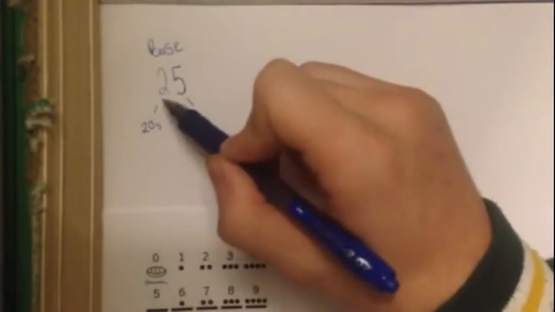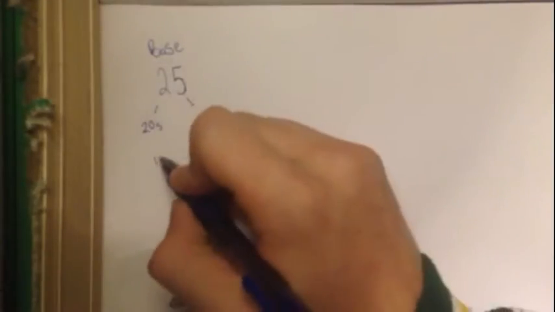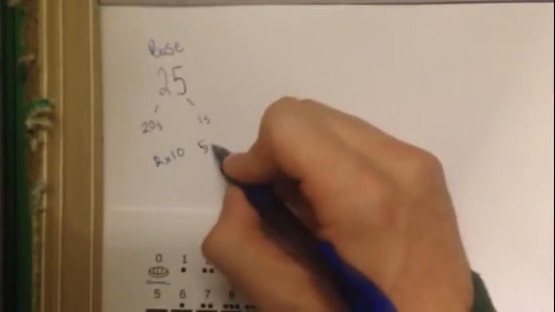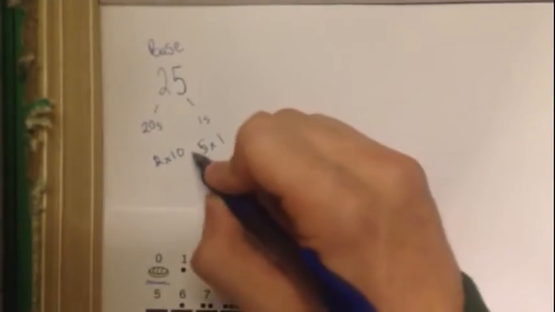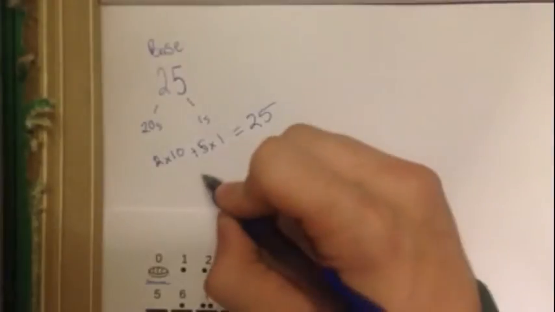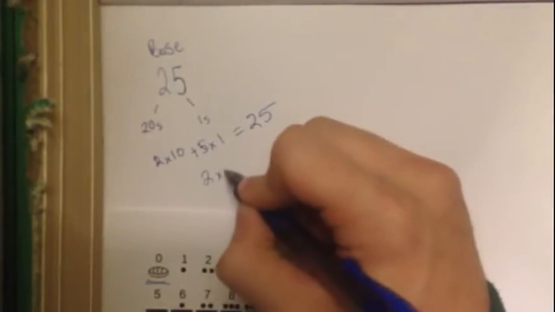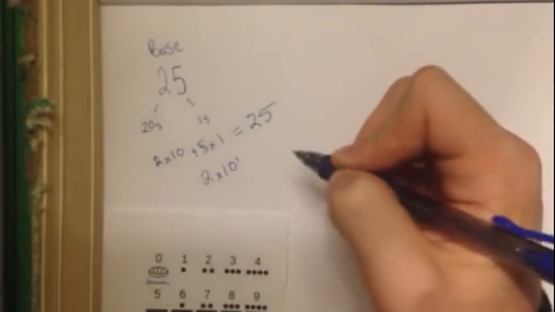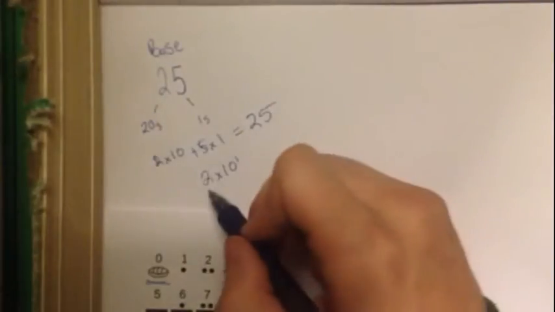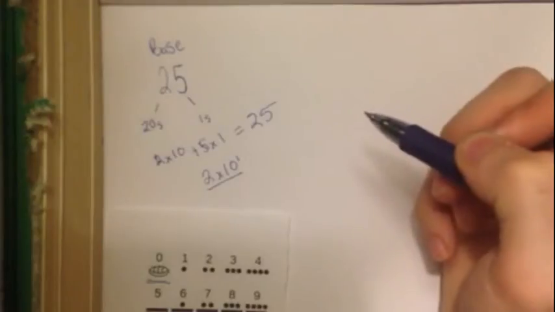So that's 2 tens, which is 2 times 10, and that's going to be 5 times 1. You add them together to get 25. Or you can write that as 2 times 10 to the first power, but we don't really want to get into that. It's just a number so small, so we don't do that, but that's another notation that you could write that in.